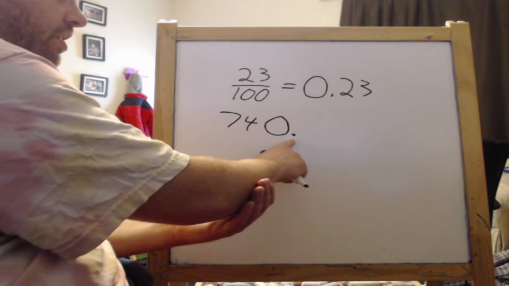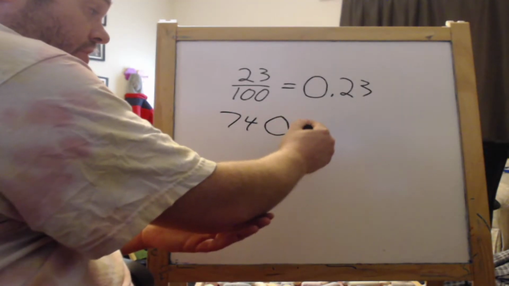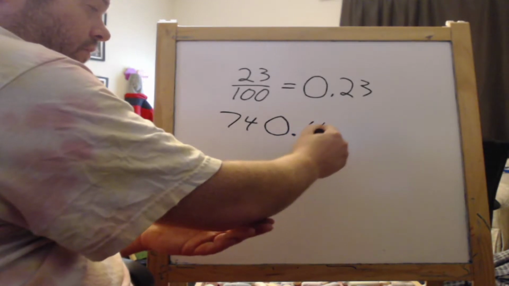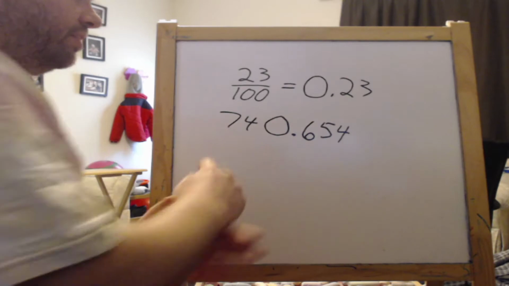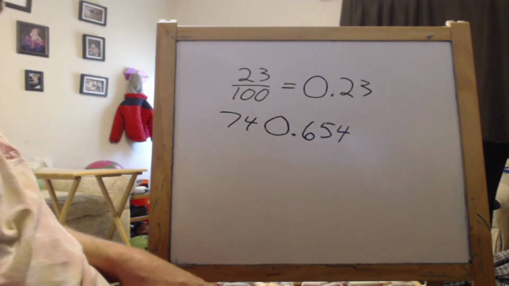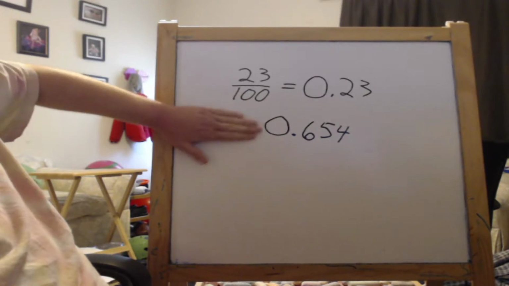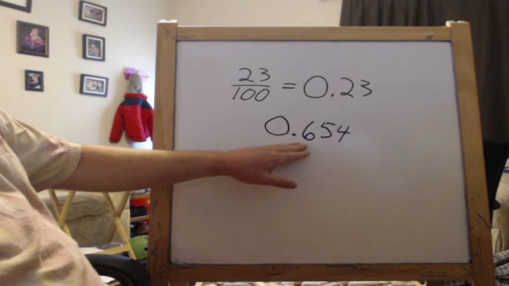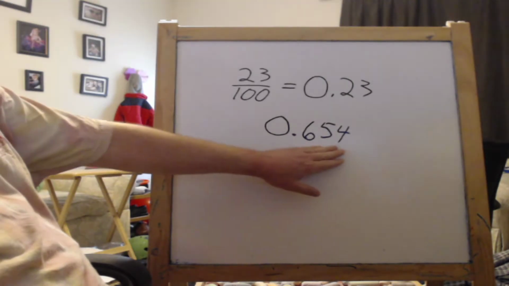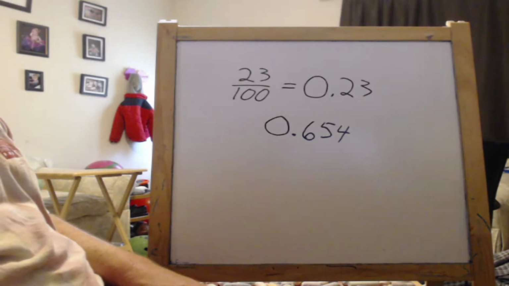So we have a decimal here, and let's just say 650. So it's 740.654. Okay? So let's just erase this and have it be 0.654. Now, this is called 654 thousandths.